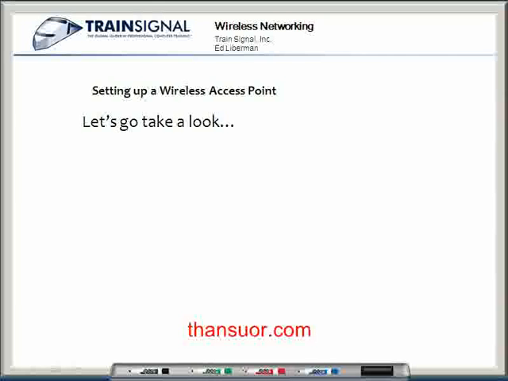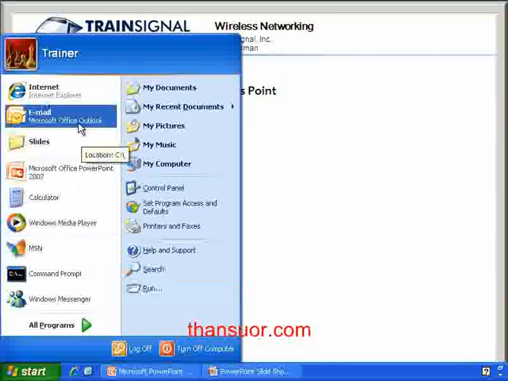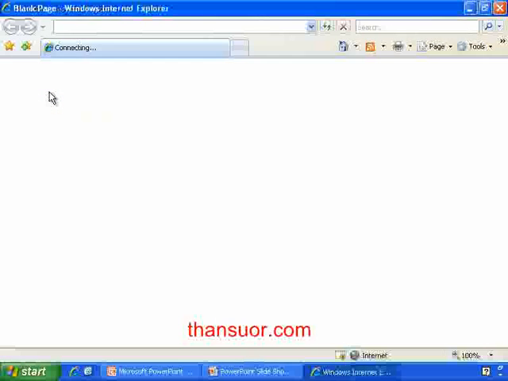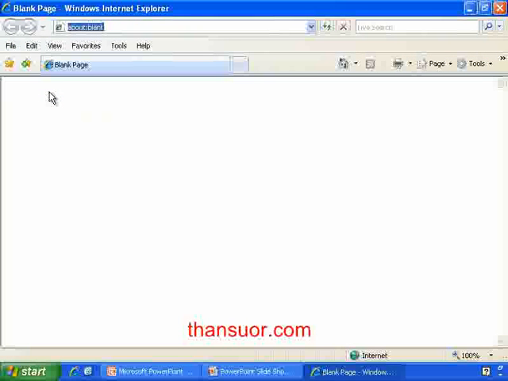So what I'm going to do is go ahead and click Start, and then select Internet Explorer. And then in my Internet Explorer, I need to type in the IP address of my wireless access point. Now, this IP address will be given to you in the owner's manual when you purchase the access point. There's one that's built in by default.